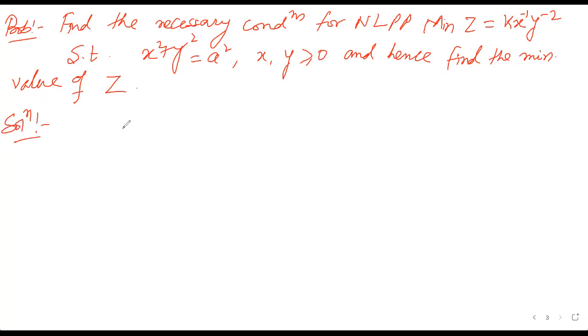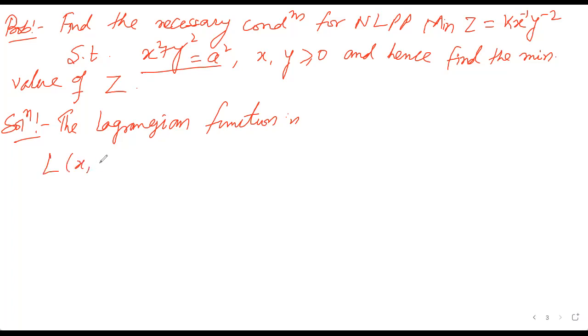So firstly I will write the Lagrangian function. Because it is two variables x, y and only one constant, the function will be L(x, y, lambda) ना. I will see how many constants are there and I will see how many variables are there. So two variables and one constant, L(x, y, lambda). So what will be the function?